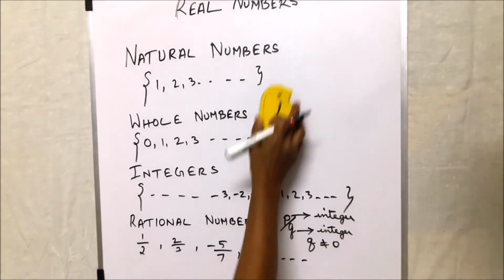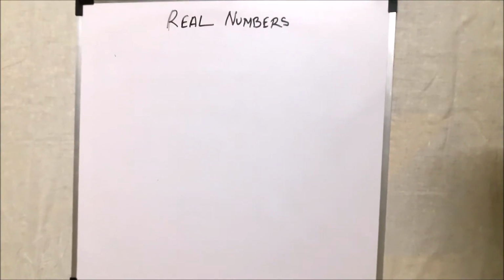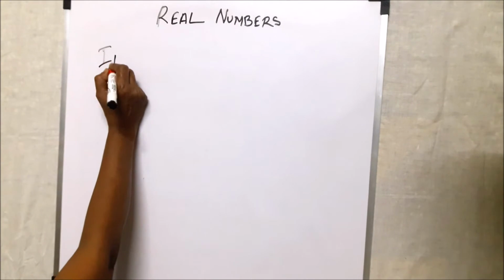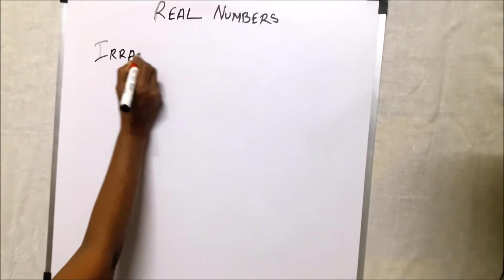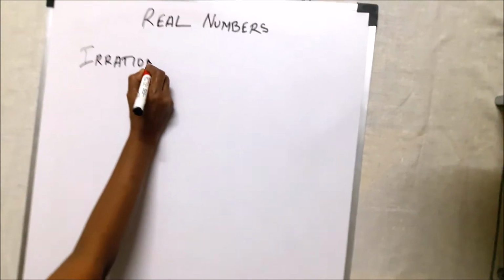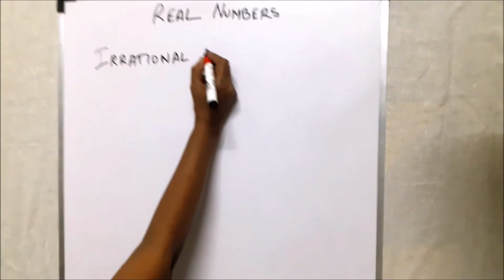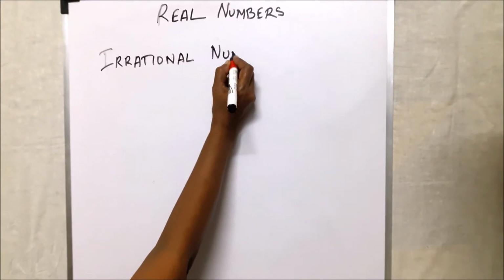Then comes the irrational numbers. The numbers which are not rational numbers are called irrational numbers.